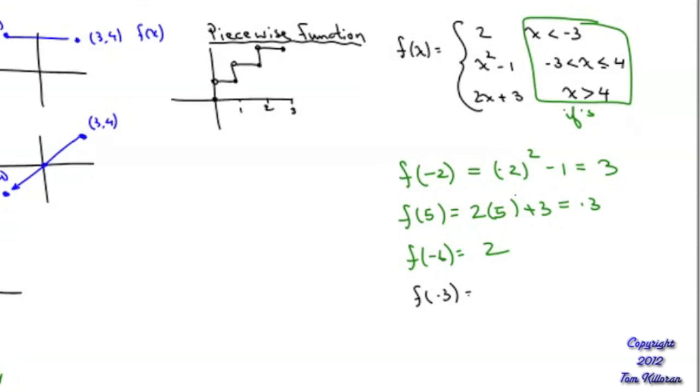No, it doesn't have the equal sign there. Is negative 3 bigger than 4? No. Can I plug negative 3 into this function? No, because negative 3 is not in the domain of this function. I have removed it, thrown it away, kicked it out. So in the graph it's going to be an open circle, definitely.